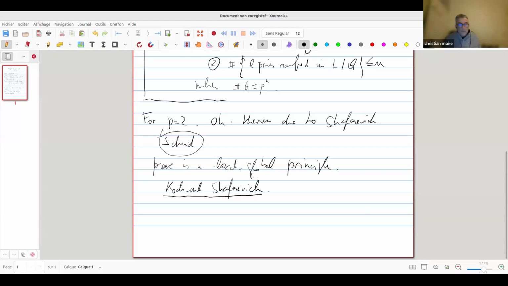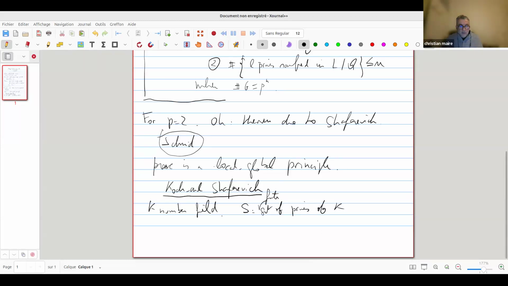So what is this result? Just a large situation: K is a number field, S is a finite set of primes of K. Of course, for p equal to 2, there is also the story of whether we should include the infinite places or not, but for me, I just forget these situations that can sometimes complicate things.